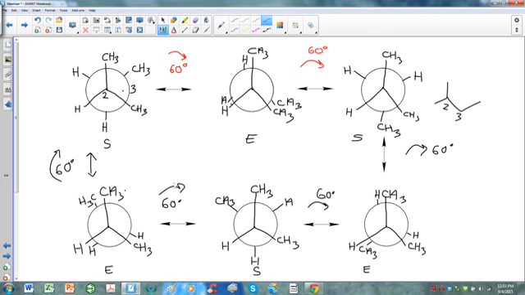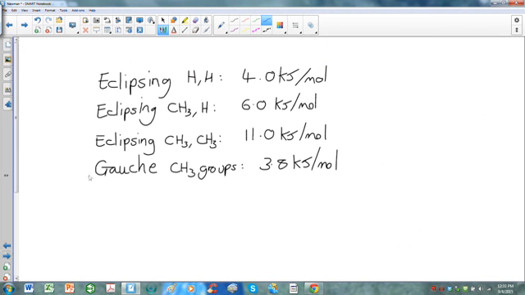Your textbook has a list of energy values for each destabilizing conformation, and I have these written here. If I have two hydrogens that are eclipsing each other, that increases the energy of my molecule by this amount of energy. Eclipsing CH3 and H, because the CH3 is bigger, is a larger amount of energy. Two CH3s eclipsing is even bigger because they're bigger and closer together.